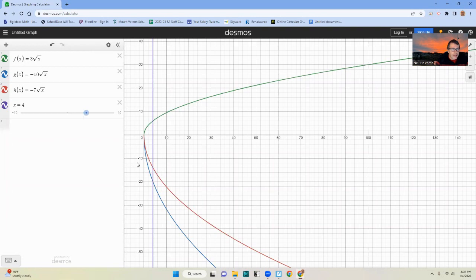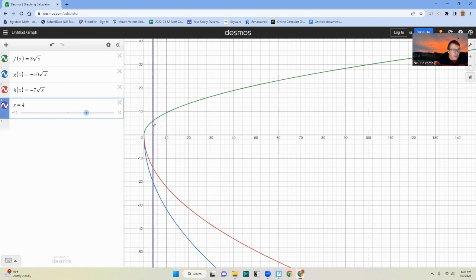That's f of x. G of x is the blue one, negative 10 square root x. And when we added them, we got h of x. So I can't call it f plus g of x. This program does not identify that, but h is f plus g. So I got negative 7 square root x. And then I drew a line, x equals 4, and that is right here.